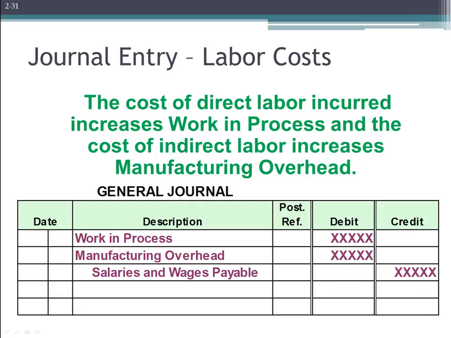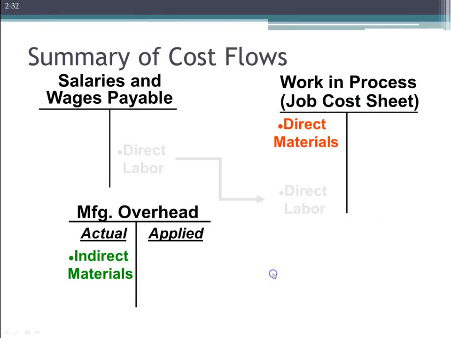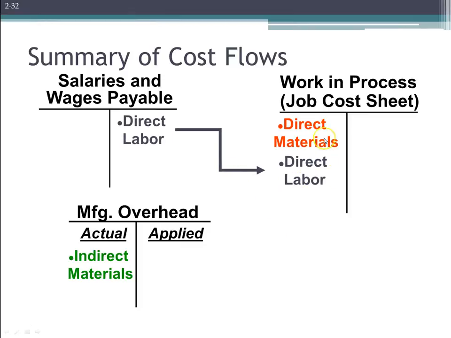We're capturing those direct labor costs right into work in process if we can trace those amounts directly to individual units of production. The other salaries, like managers or supervisors at the manufacturing plant, even security guards and other workers at the manufacturing plant that are not direct laborers, we can't trace their salaries directly to individual units of production. Well, they go into manufacturing overhead. This is how it looks there. So once again, we are increasing the costs in work in process for the direct labor that we can easily trace.